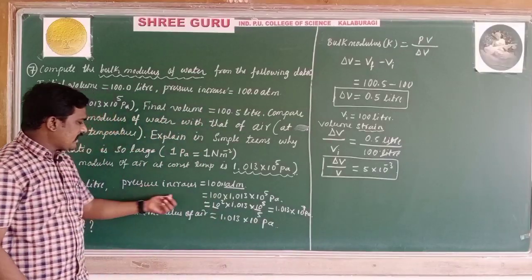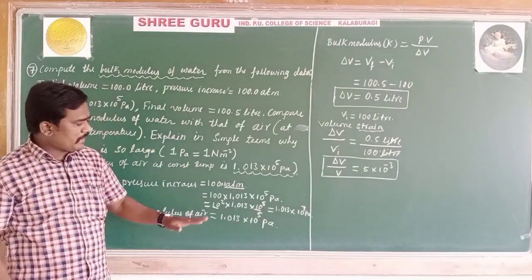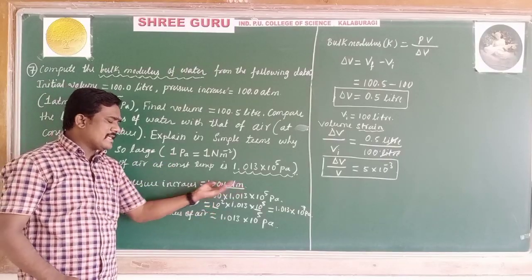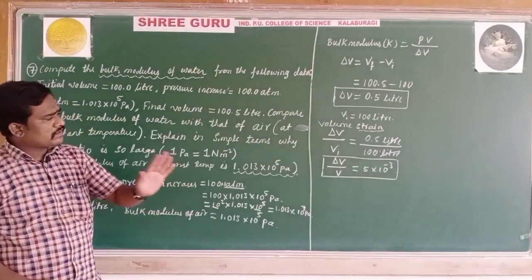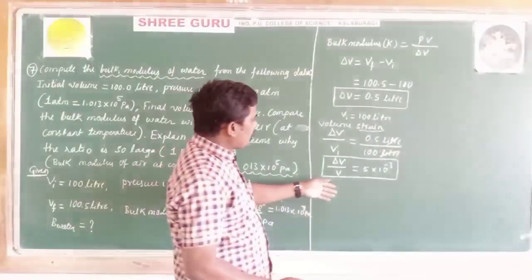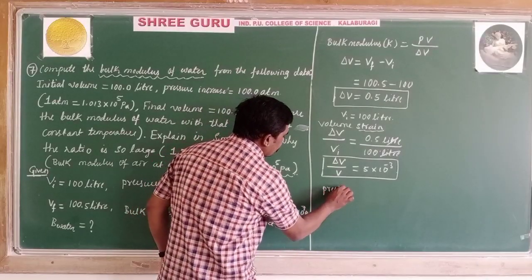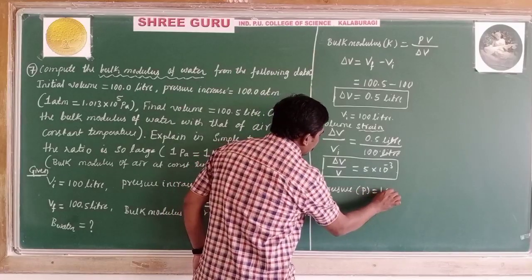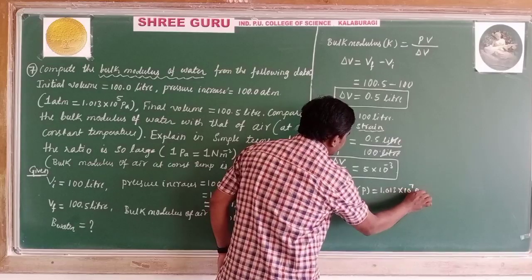What is the pressure increase? 1.013 into 10 to the power of 5 Pascal. If you don't want to multiply, keep it as it is, things are going to cancel. If you multiply, nothing is going to change. Now substitute these values. Pressure P is equal to 1.013 into 10 to the power 7 pascals.